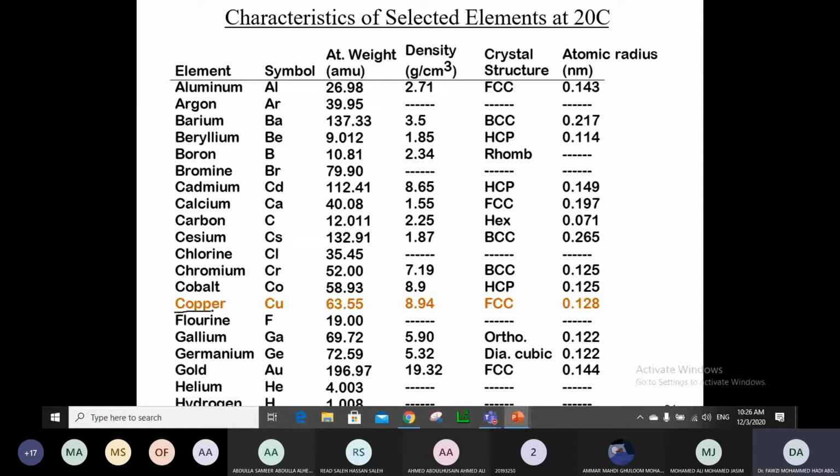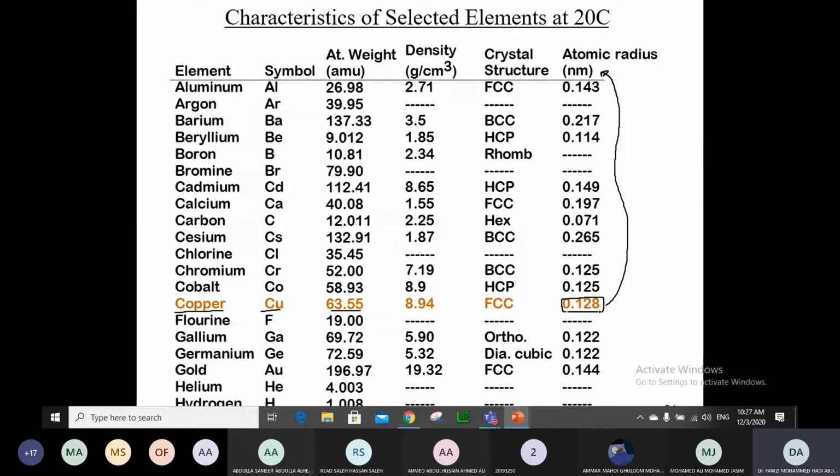Let's say for copper, that's the symbol of copper. The atomic weight is given to you. And also the atomic radius would be given to you, which has a unit of nanometers. The radius of the atom is 0.128 nanometers.